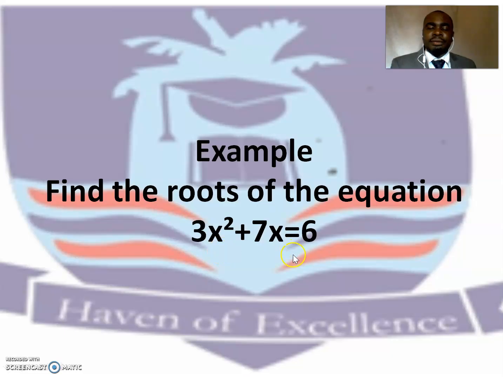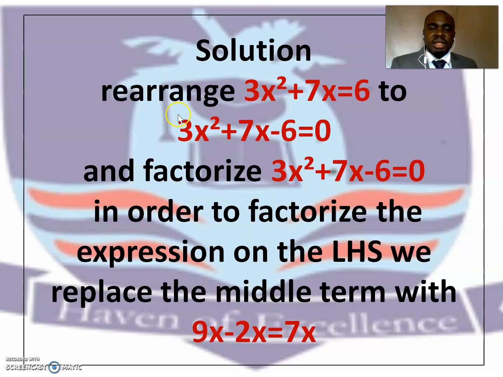This is an example of a quadratic equation. However, to solve this, we have to rearrange it into a quadratic expression equated to 0. So we are going to subtract 6 on both sides to have 3x squared plus 7x minus 6 equal to 0. And then we factorize the expression 3x squared plus 7x minus 6.